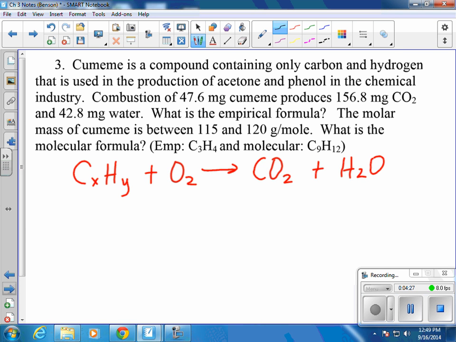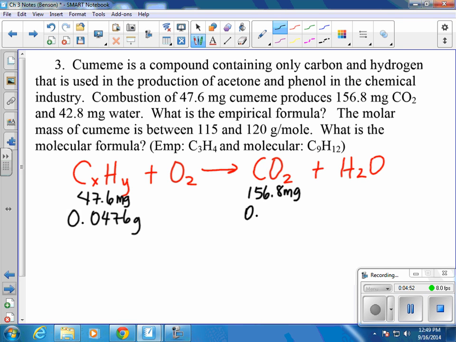We are given 47.6 milligrams of cumene. I'm just going to convert that to grams right away so I don't have to worry about that later. I would divide by 1,000. And carbon dioxide, it says it produces 156.8 milligrams.